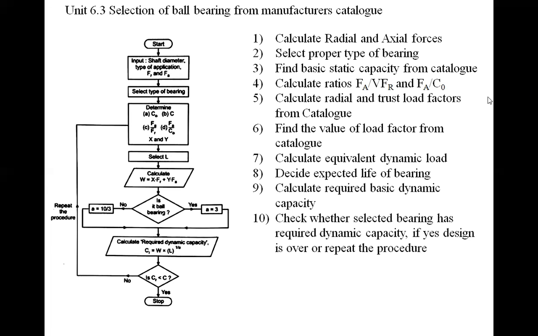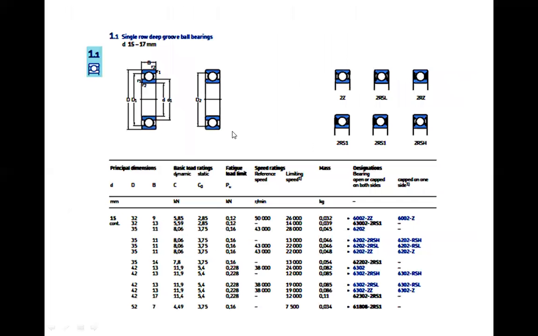Now, how can this catalog be? In front of you there is a standard catalog. There is a single row deep groove ball bearing catalog. You'll find the principal dimensions like bore diameter of the shaft, outer diameter, width of the bearing, basic load rating, dynamic and static, fatigue load, speed rating, limiting speed.